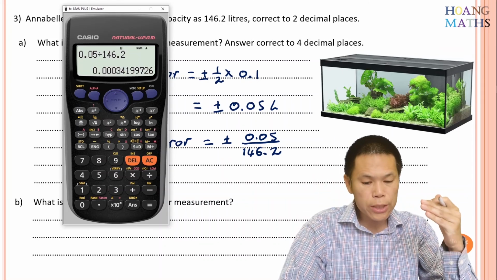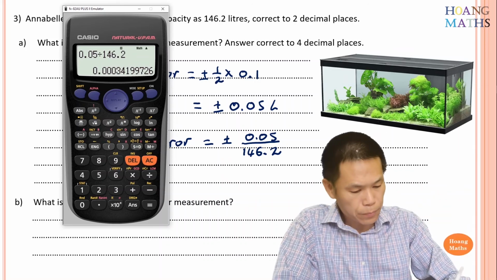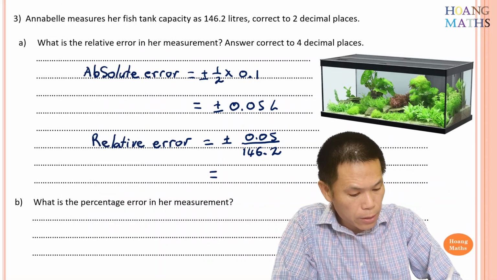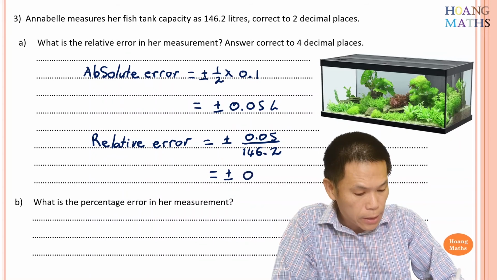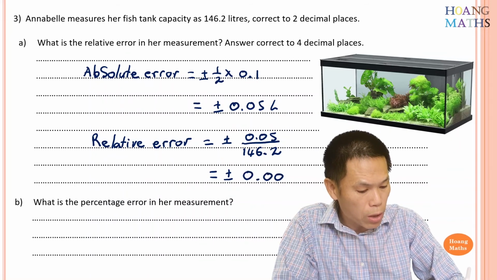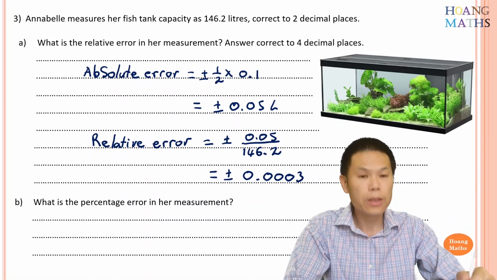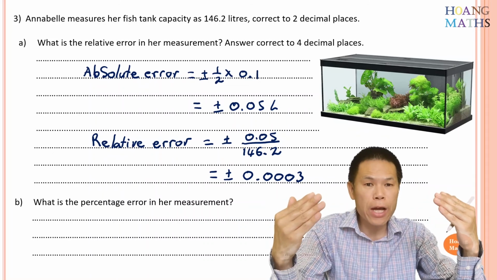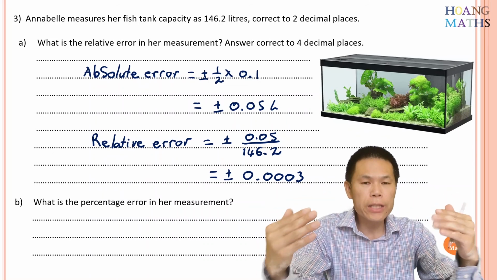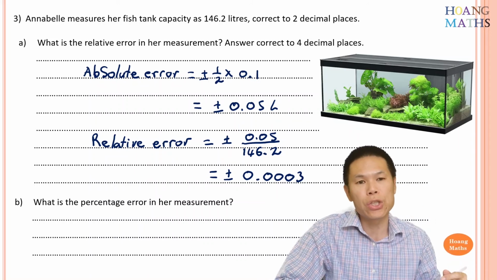That gives 0.0003, so the answer is plus or minus 0.0003.